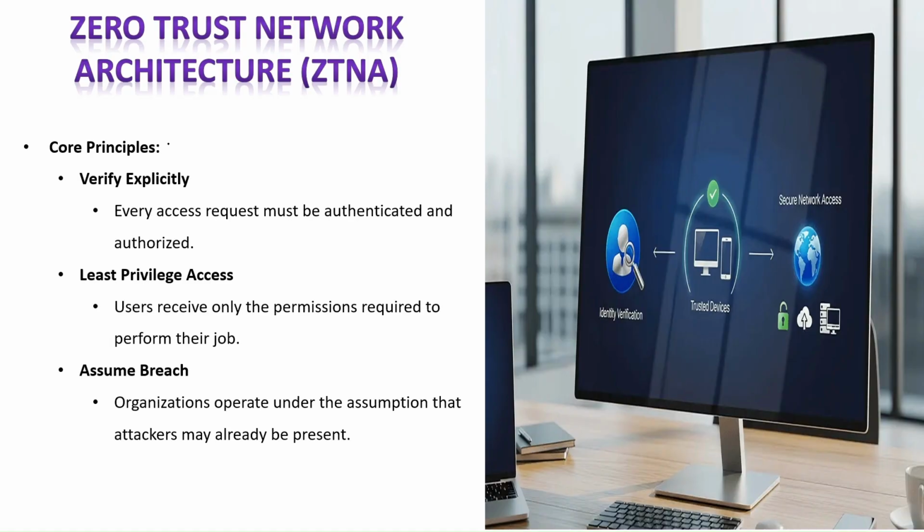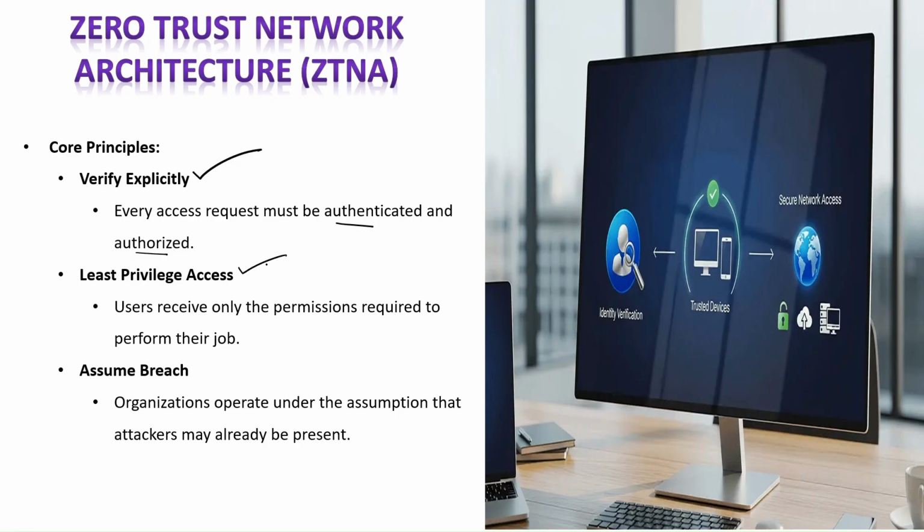So what are the core principles of the Zero Trust Network Architecture? These include, as we said, verify explicitly. It means that every access request must be authenticated and authorized regardless of the location of the device.